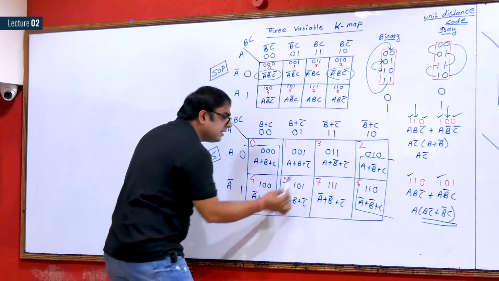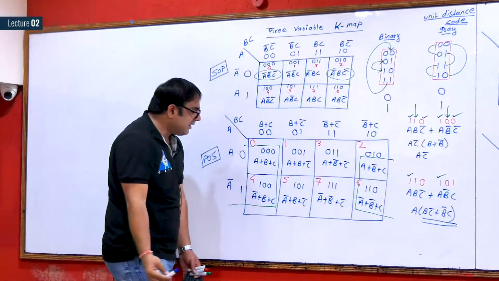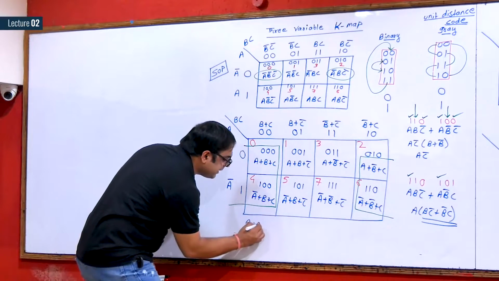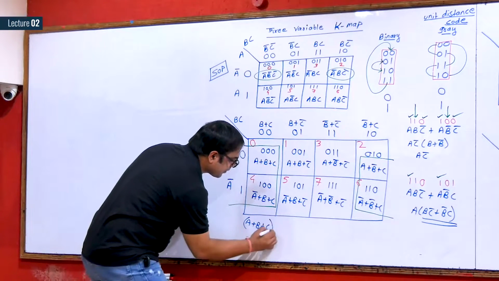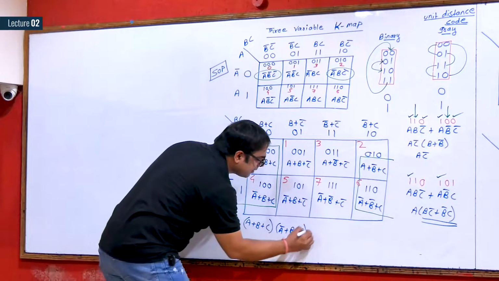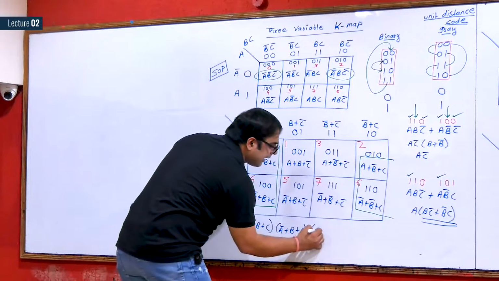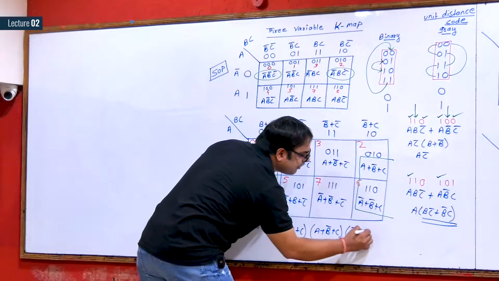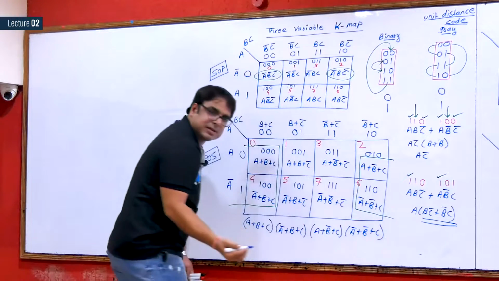I will write these 4 terms. A plus B plus C. This one, A complement plus B plus C. This one, A plus B complement plus C. A complement plus B complement plus C.